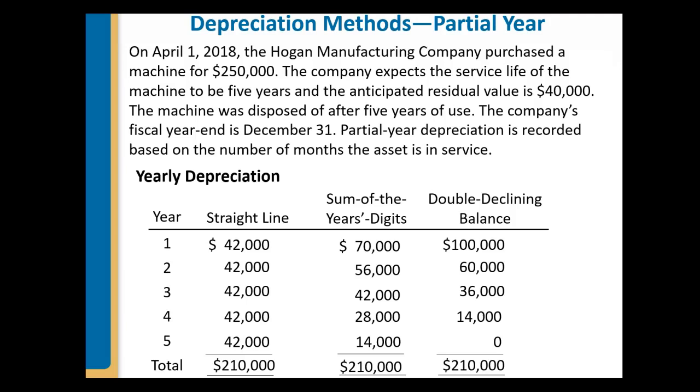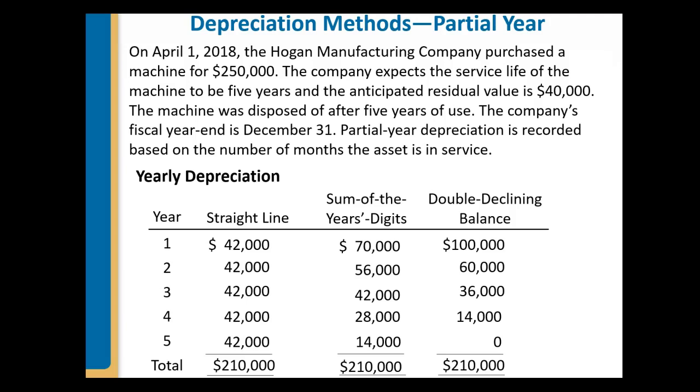The company expects the service life of the machine to be 5 years and the anticipated residual value to be $40,000. The machine was disposed of after 5 years of use. The company's fiscal year-end is December 31st.